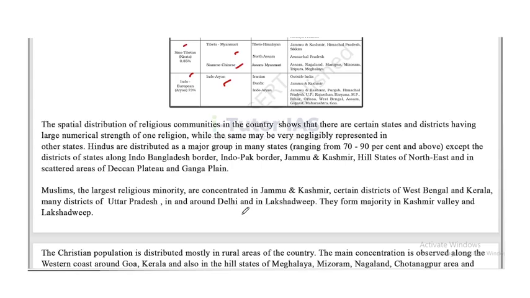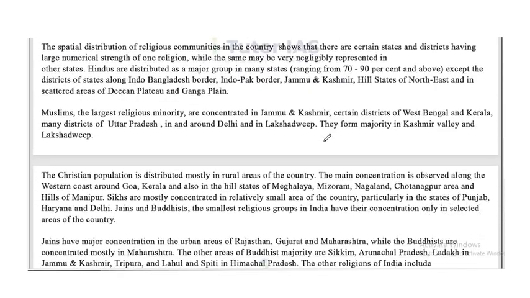Now, the spatial distribution of religious communities in the country shows that there are certain states and districts having large numerical strength of one religion, while the same may be very negligibly represented in other states. Hindus are distributed as a major group in many states, ranging from 70 to 90% and above, except the districts of states along the Indo-Bangladesh border, the Indo-Pak border, Jammu and Kashmir, the hill states of the northeast, and scattered areas of the Deccan Plateau and Ganga Plain.